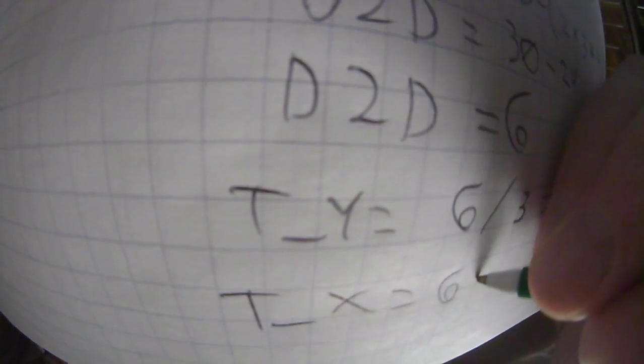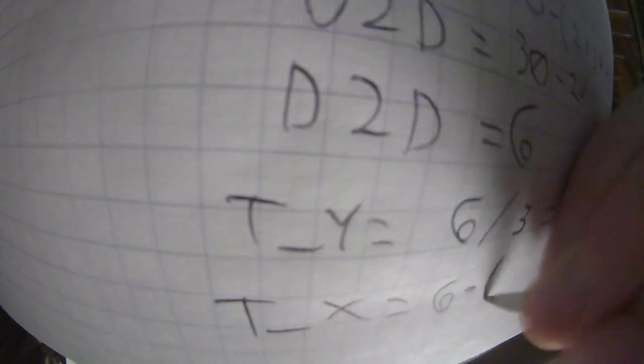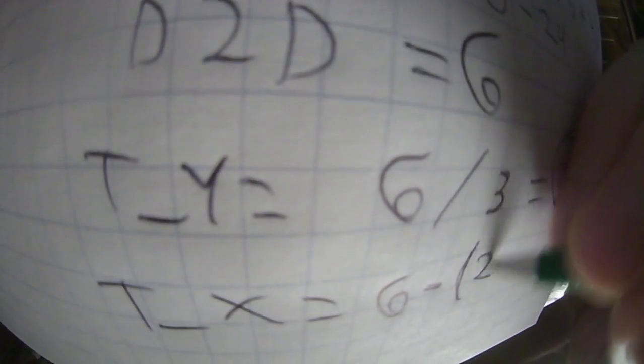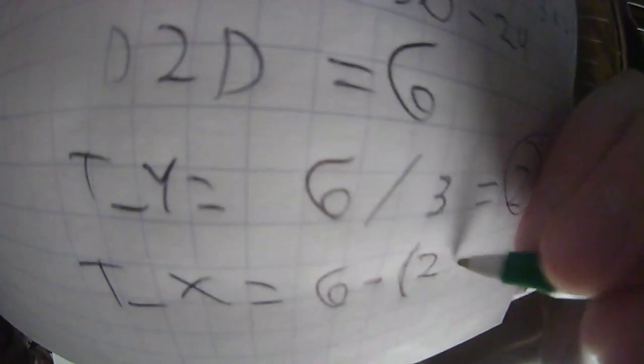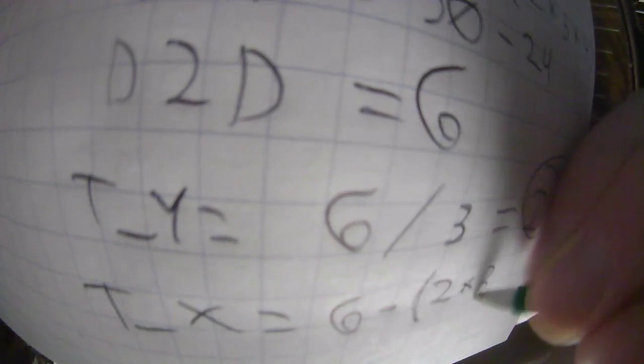And we're going to subtract the ty, and ty is 2, we already calculated that, times the ntx value again, and ntx was 3, okay? So 2 times 3, so 6 minus 6 is a 0, right? So tx is 0, and tx in our little key is 0. So I'd say we have that math correct.